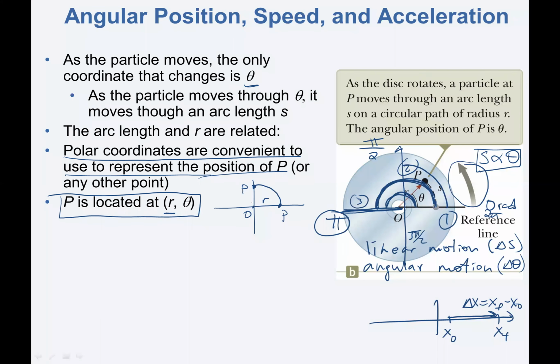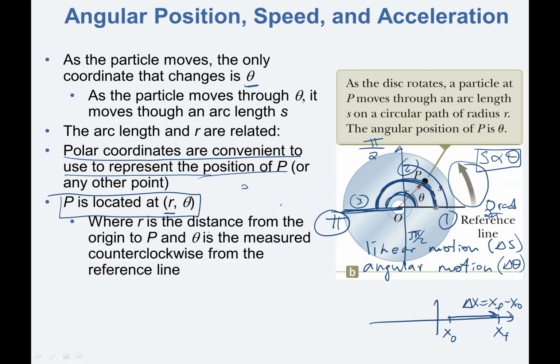All right. Also, you can see that R is the distance from the origin to P, and theta is measured counterclockwise from the reference line. Remember, the reference line is equivalent to, let's say, the origin in a linear system. The linear system has just a point. The angular system has a line as a reference. So from the reference line, which is the positive x-axis, how many degrees did it move? 10 degrees, 20 degrees, 90 degrees.